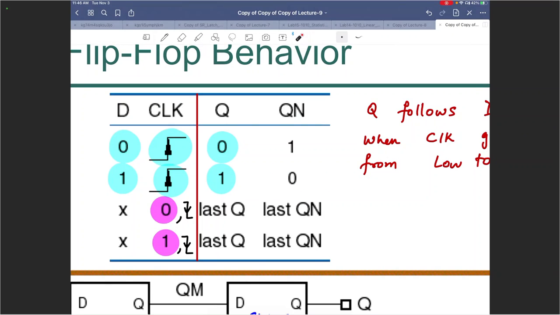That's positive edge triggered behavior. When I get a positive edge, my output can change. For all the other times, output cannot change. It is stored. So let me just write this over here. This indicates store.